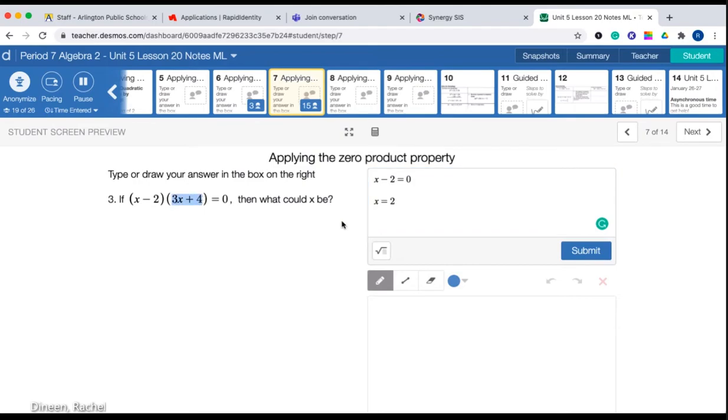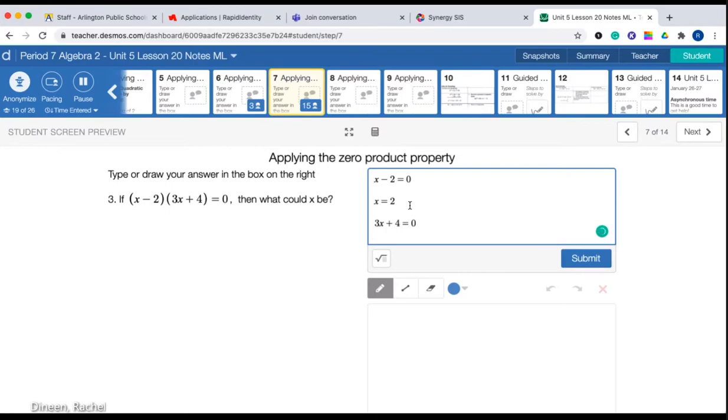So let's look at the next one. What value would make the expression 3x plus 4 equal to 0? If you could do it in your head, that's impressive. If you want to use some algebra, that is totally okay too. I'll give you a hint. Solve for x.